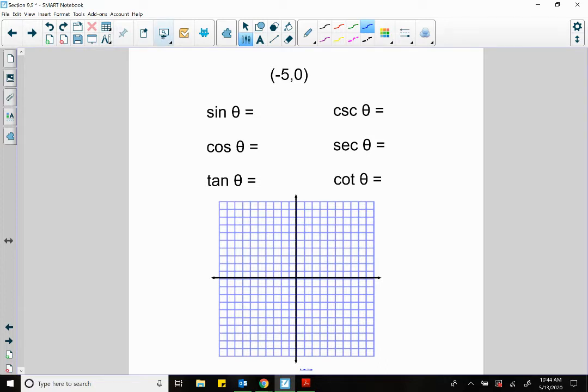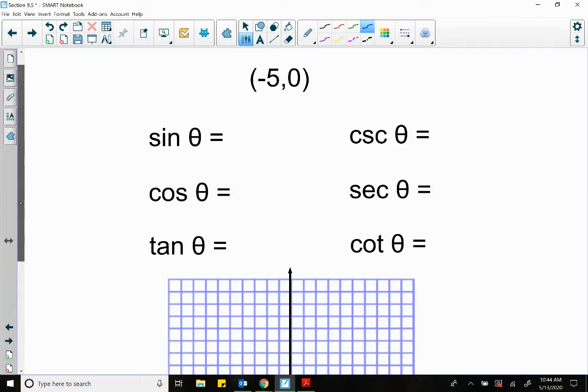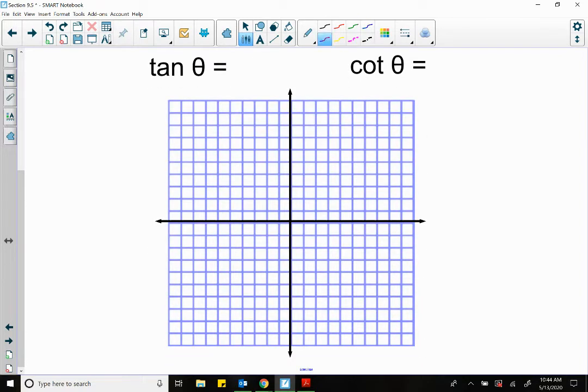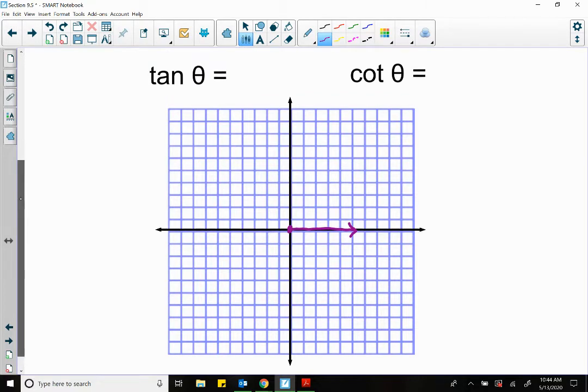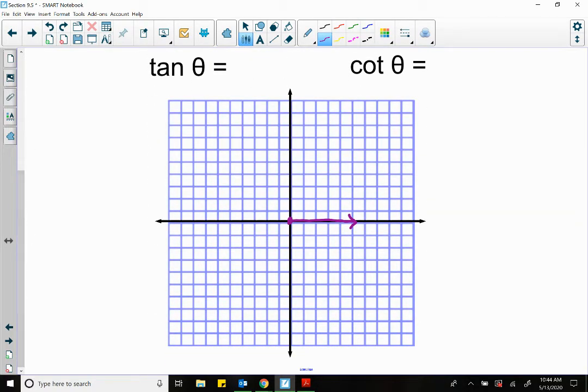Okay. So if I come back in here, let's go ahead and draw the initial position first, or the standard position. So 1, 2, 3, 4, 5. So there's the initial side. And then the terminal side, we were at -5, 0. So 1, 2, 3, 4, 5. And there we go.